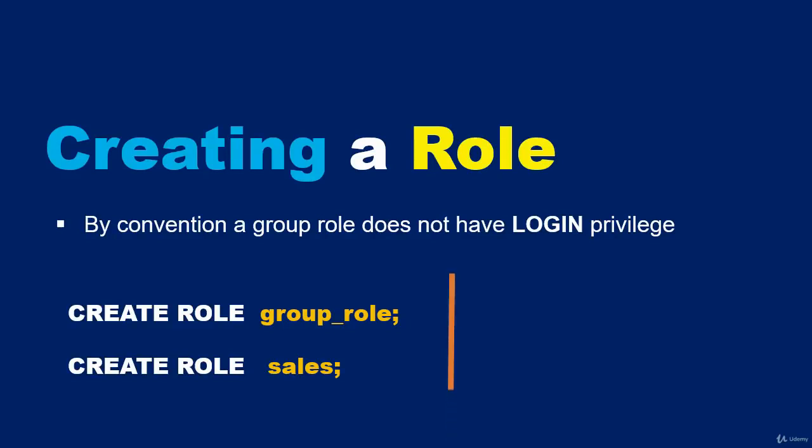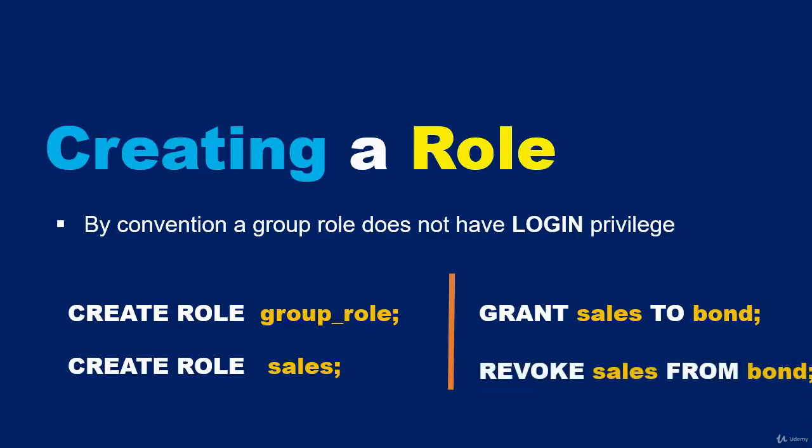Once the group role has been created, you can add a user role to a group role by using the grant statement. For example, I can add the user bond to the sales group role. So this is how I would do it. I'll say grant sales to the user called bond.